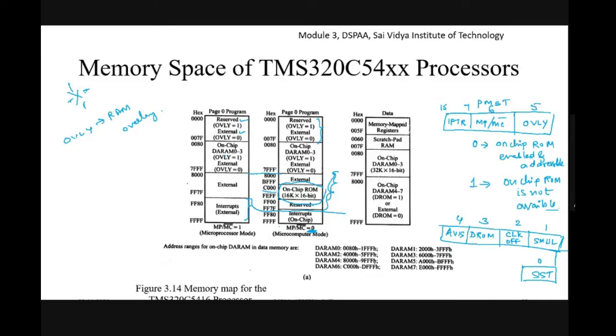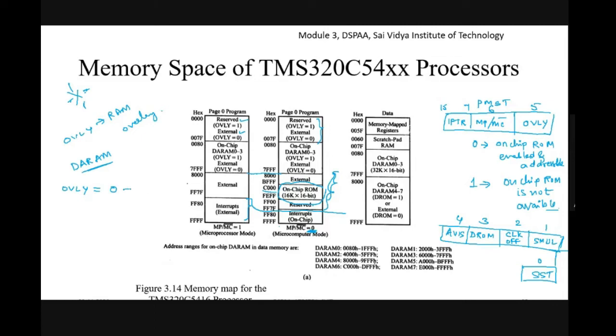So this dual access data RAM will be enabled and also made addressable with the help of this OVLY bit. So what happens if this OVLY is equal to 0?